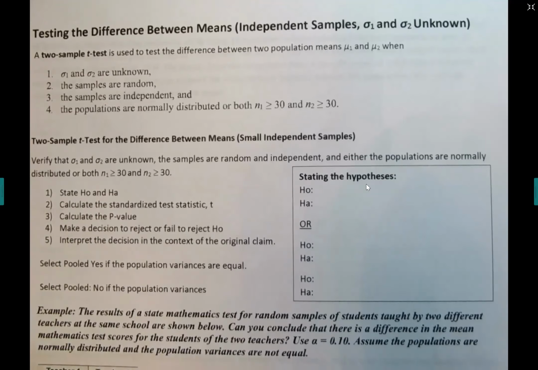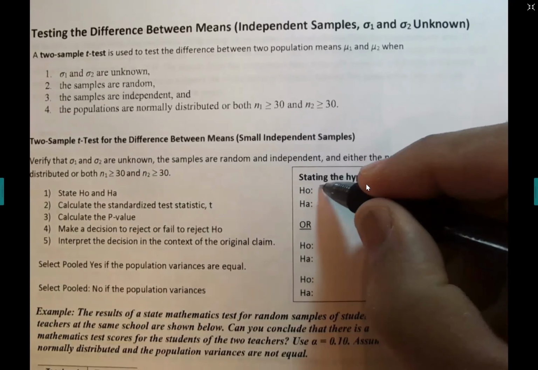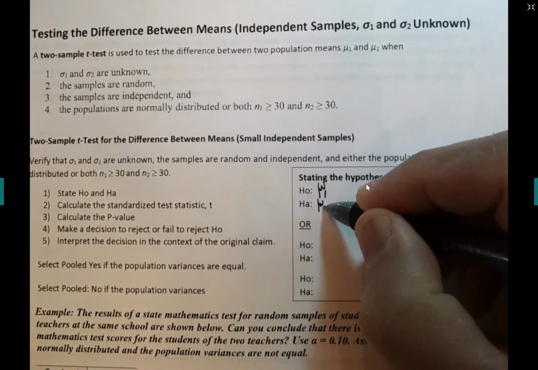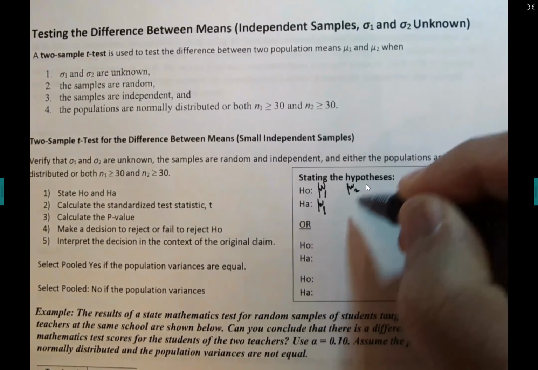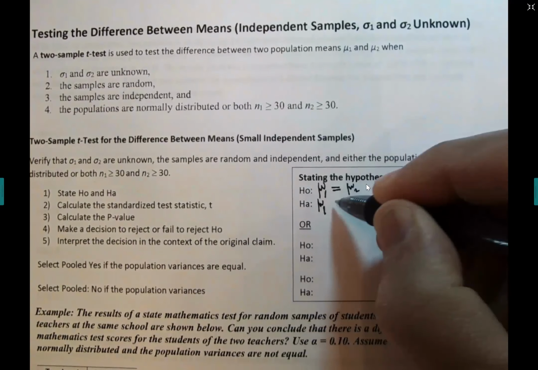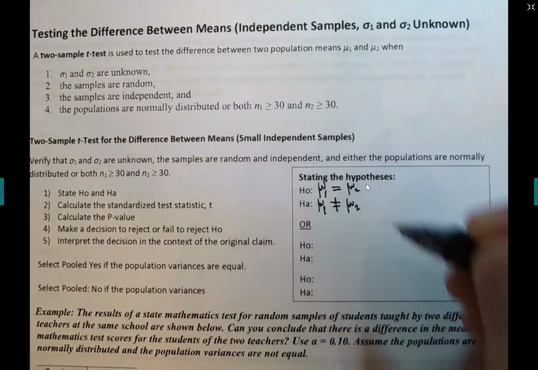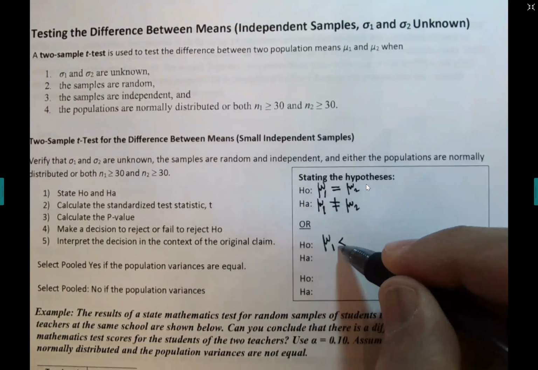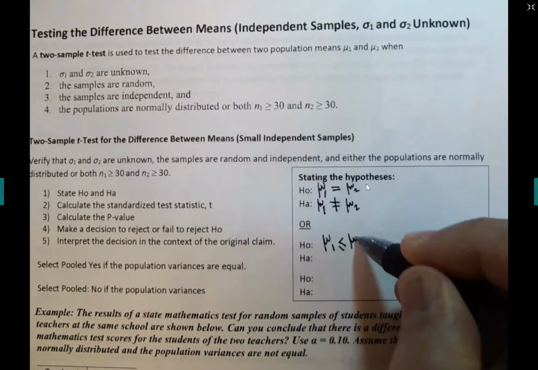There were 3 statements. I want to see if we can memorize them by now. mu1, mu2, mu1, mu2. So let me begin. If this is equal, you agree that the next one will be not equal. That's one statement. Or it could be less than or equal to here.